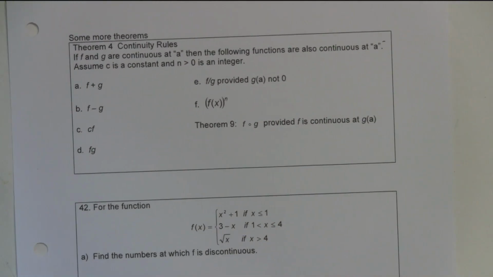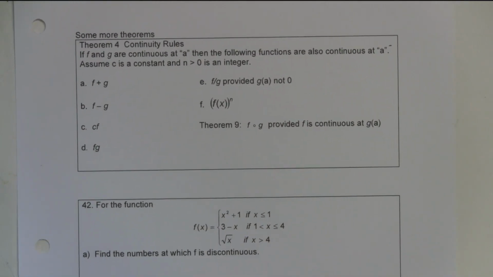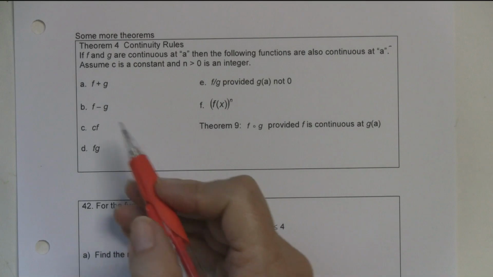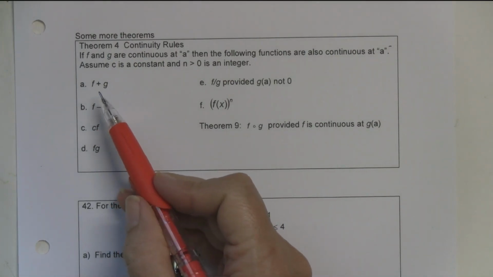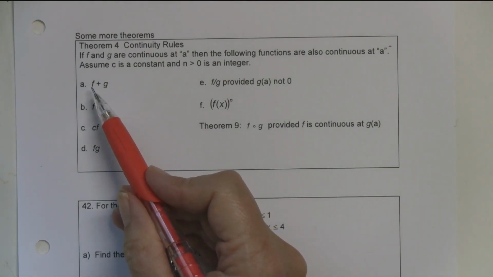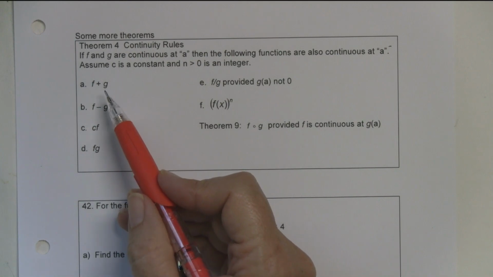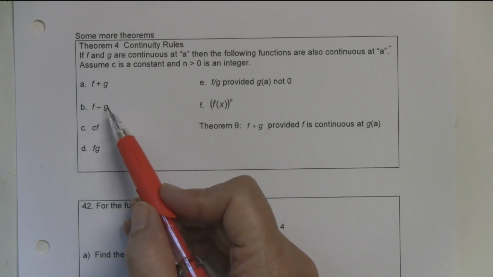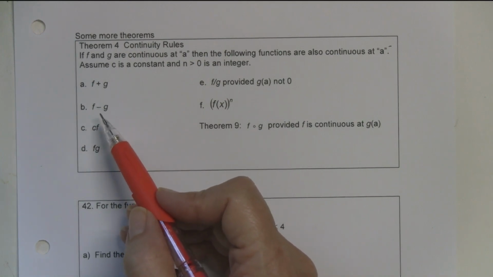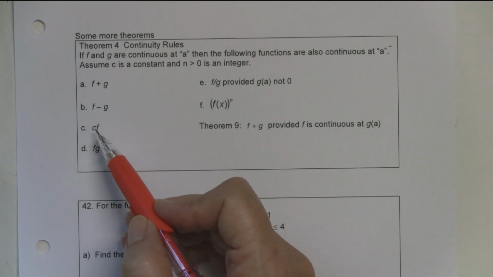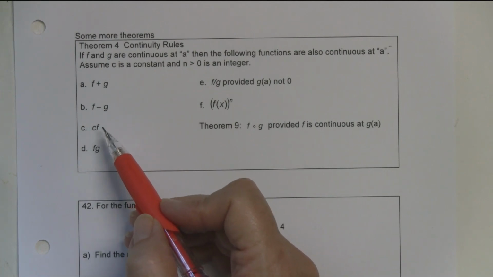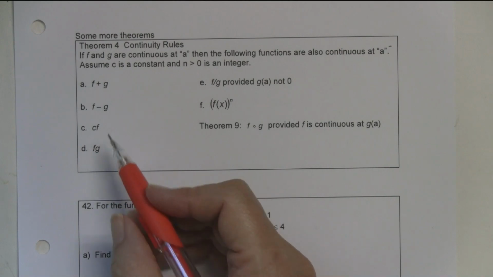And then they tell you another theorem, so I say some more theorems. Theorem 4, and this is on continuity, if you have two functions that are both continuous at a, then if you add them together, you'll get another function that's continuous at a. If you subtract them, you'll get another function that's continuous at a. If you multiply by a scalar like c, you'll get another function that's continuous at a.